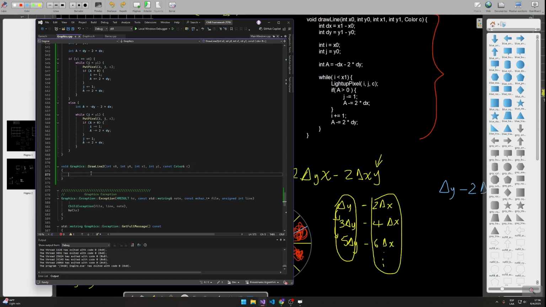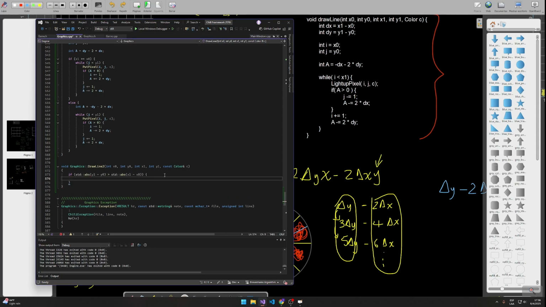So now we are going to check what makes our slope bigger than 1. And when our slope is bigger than 1, it fulfills that y1 minus y0, the absolute value, is bigger than x1 minus x0 absolute value.